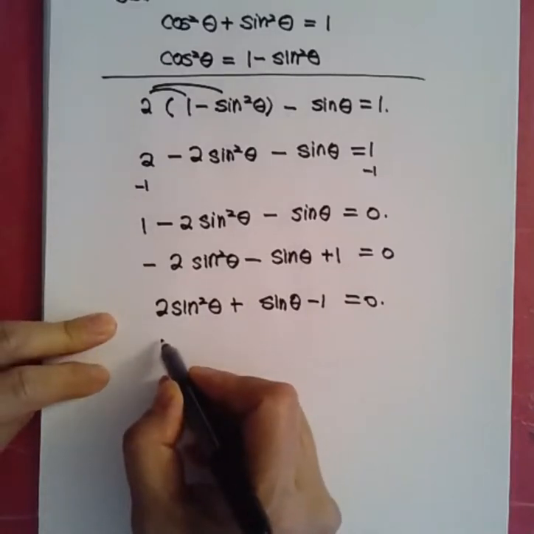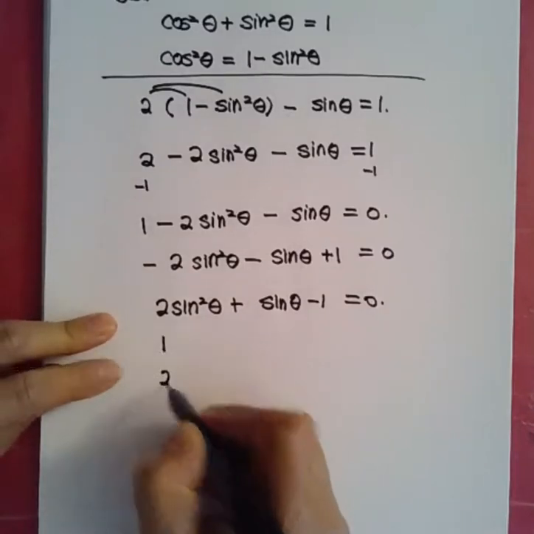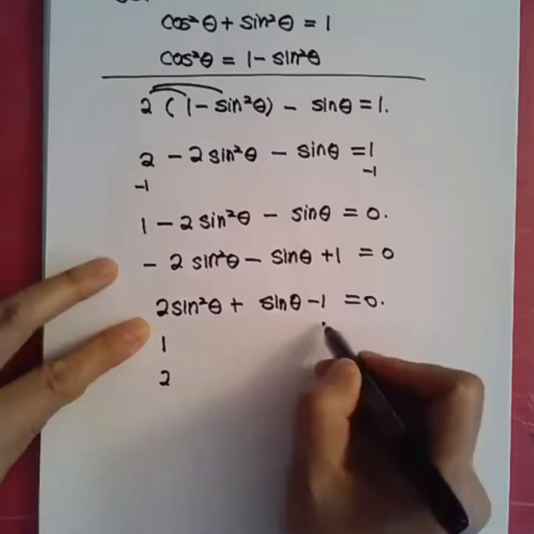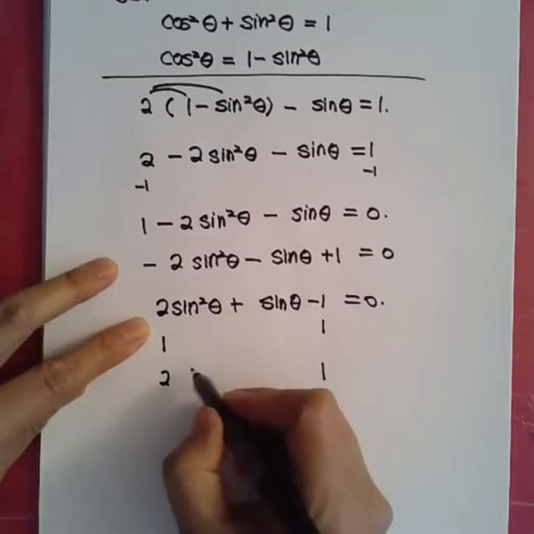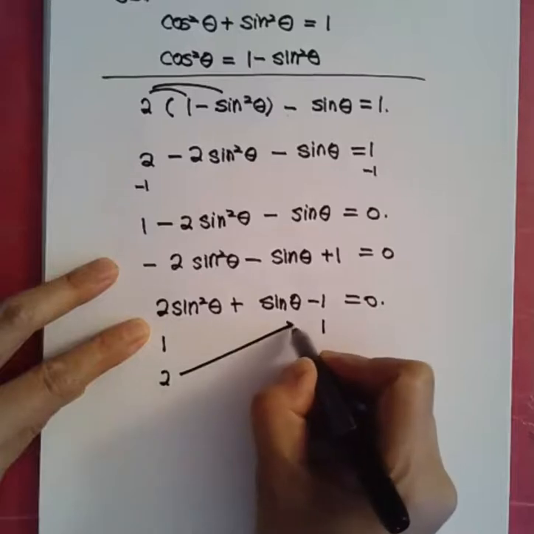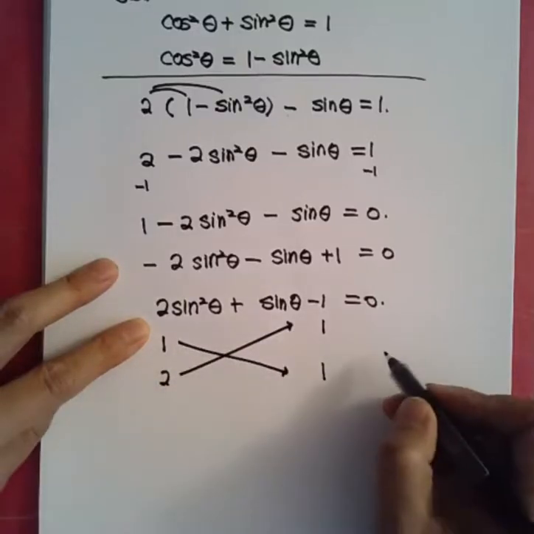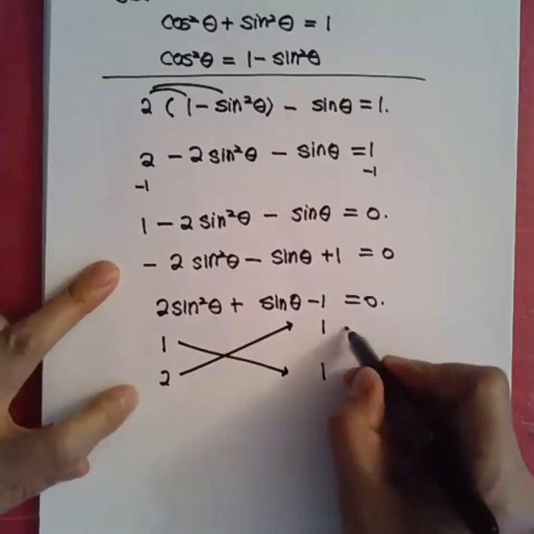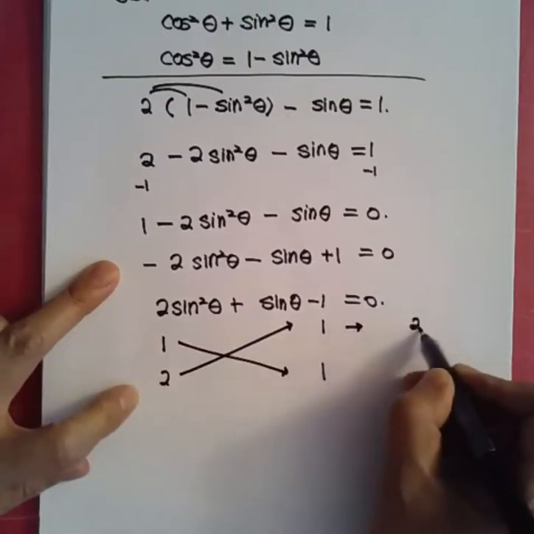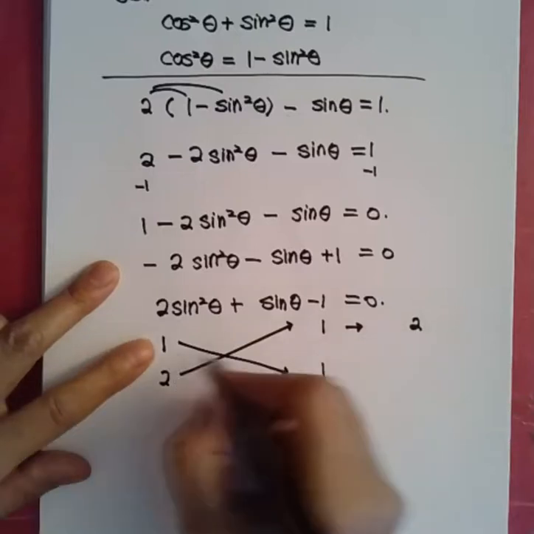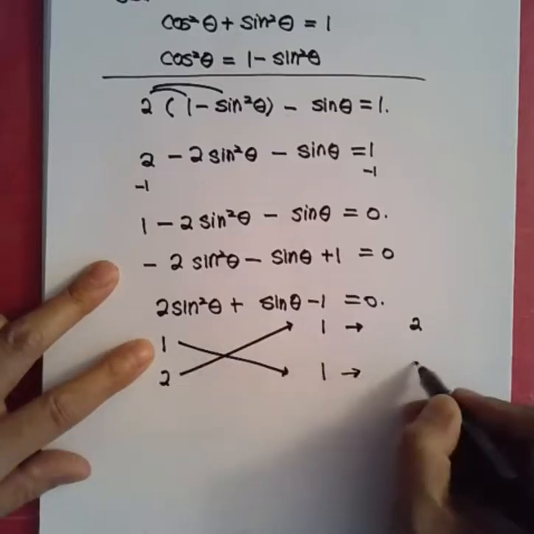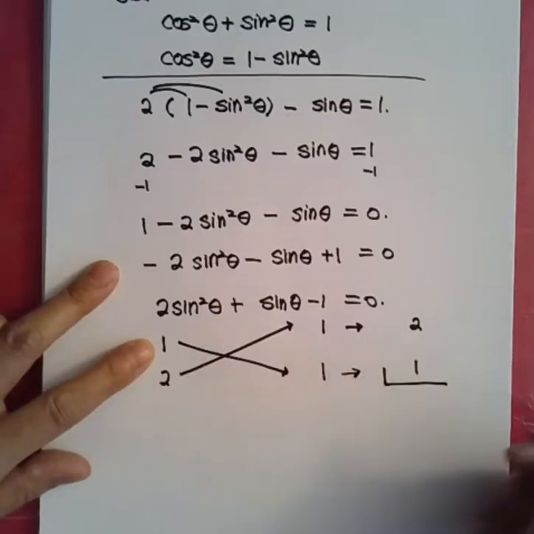I will put 1 times 2 here. 1 times 2 will make 2, and 1 times 1 will make 1. If we cross multiply, then it'll give us 2 for the first one and 1 for the next one.